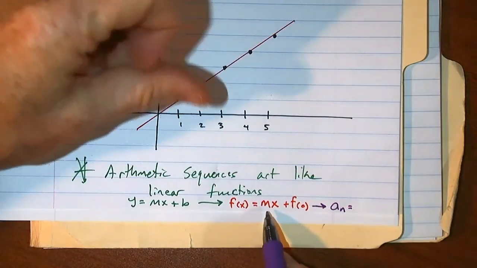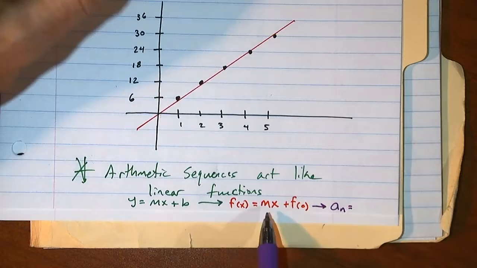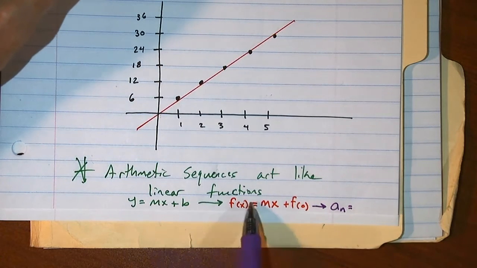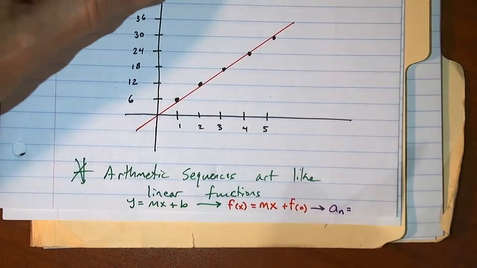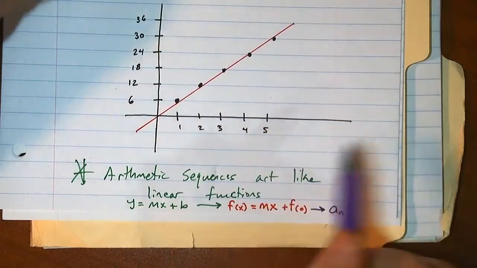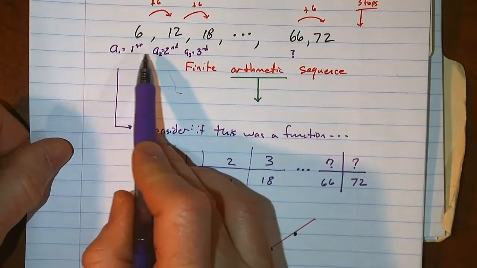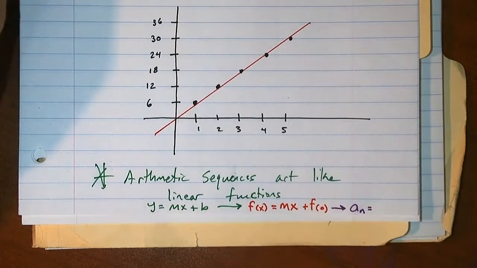We still need to know how things changed, but this tweaks just a little bit. When we were talking about graphs, equations and functions, m represented slope, and slope we knew was rise over run, okay? But now here's what we've got. In an arithmetic sequence, the run is always 1, right? We're always 1 because we're just assuming that this is first, second, third. And because we make that assumption, that means my run is always 1, always.